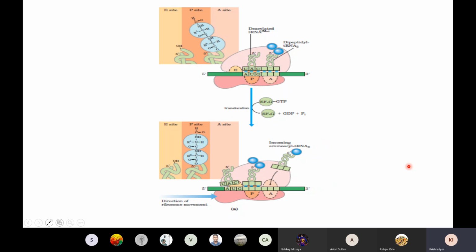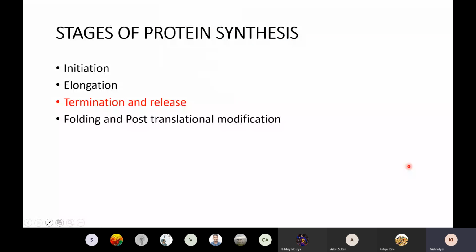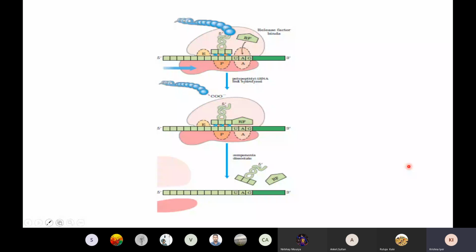Okay, and this will keep on going till you reach a point where you reach the terminating codon, a codon for which technically there are no tRNAs which can carry any amino acid. Now, as soon as that site is encountered and sits in the A region, these RFs, what are called release factors or termination factors, come in and they have a specific affinity for this UAG codon which is sitting in the A site.